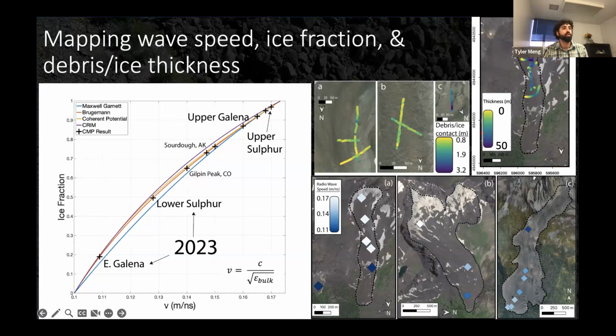But I do agree with your point that the age estimation is dependent on this constant velocity field throughout time. One of the things that I've thought about with the numerical modeling that I'm hoping to work on a little bit more before I have to wrap it all up is to explore how the rheology of that ice poor rock glacier compares with the ice rich debris covered glacier, and how that may have changed the velocity field over time.